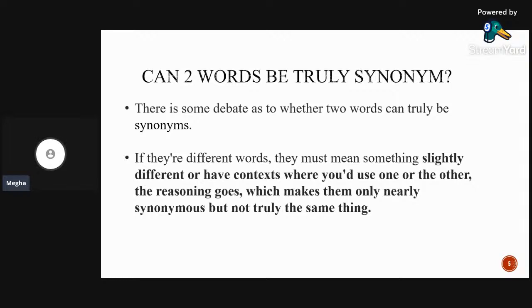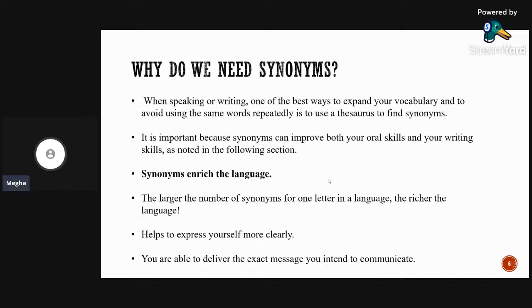See, even though two words have quite the same meaning, they're not exactly the same. There is some minimal difference between their meanings. That is what they're saying. Something similar, but it will have a slight difference in it. That is what it is about.